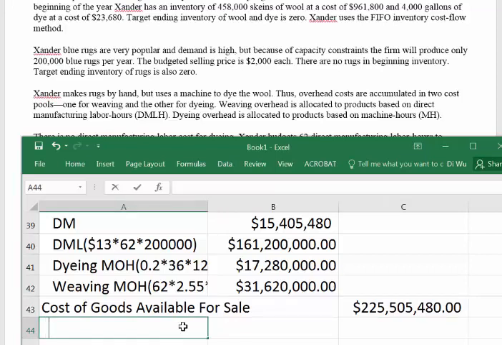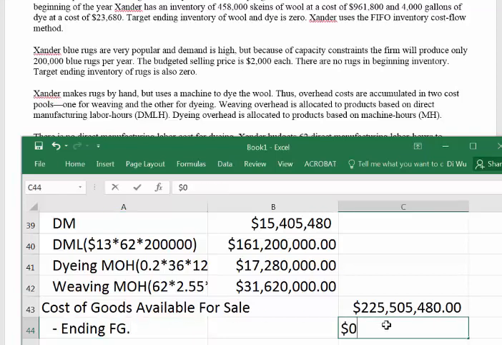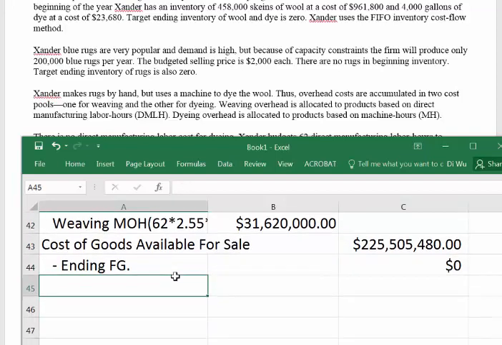Then you subtract ending finished goods, and the question says you have none. You're going to sell 200,000, so there's no inventory.